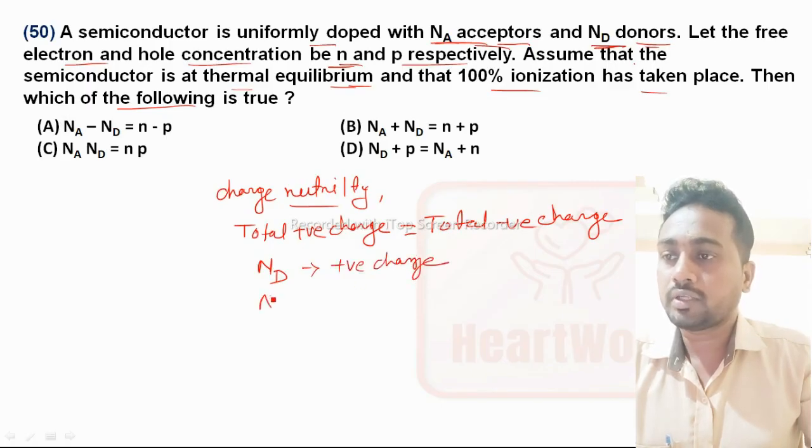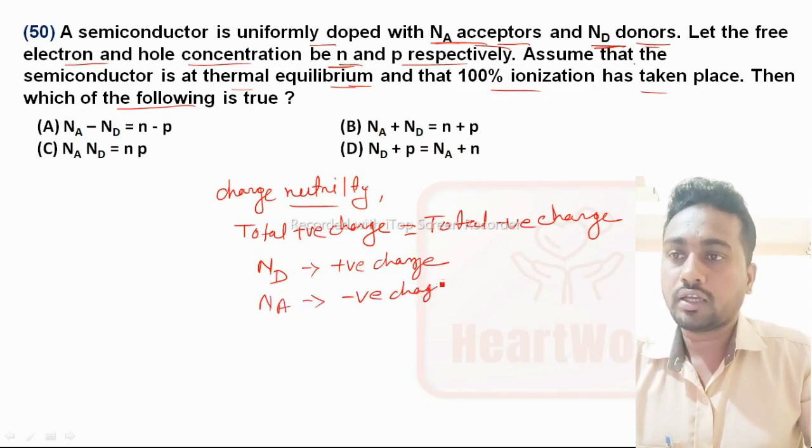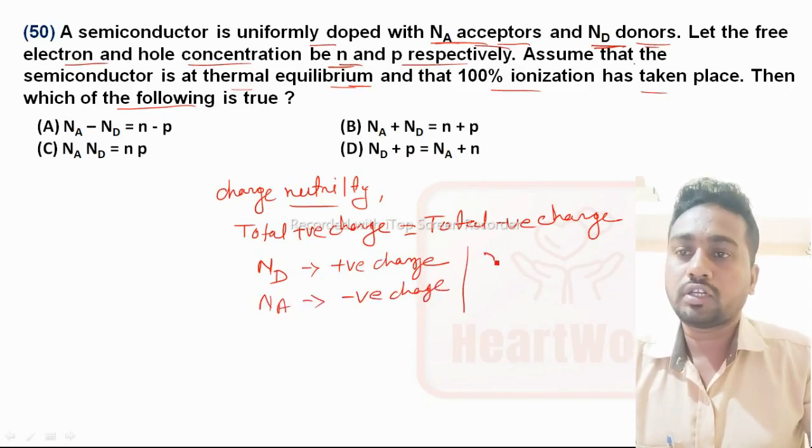And acceptor, which accepts charge, is negative charge. Another thing, electron concentration n always has negative charge, and p, hole concentration, has positive charge.